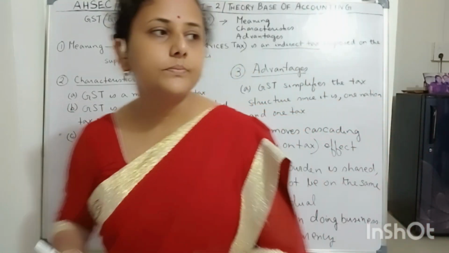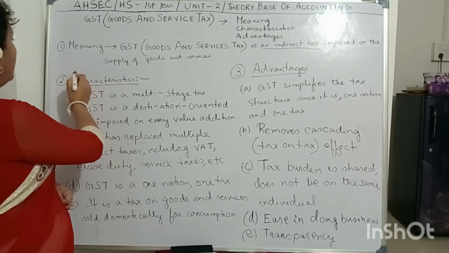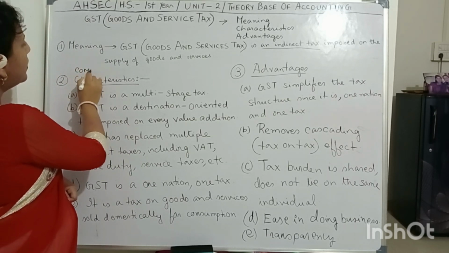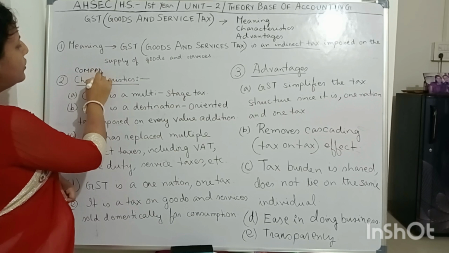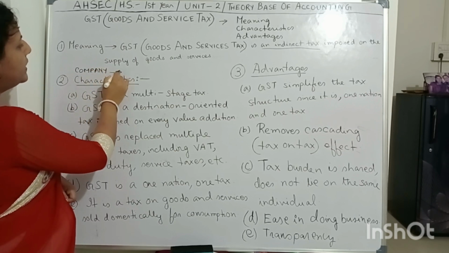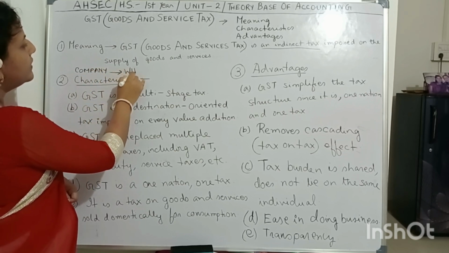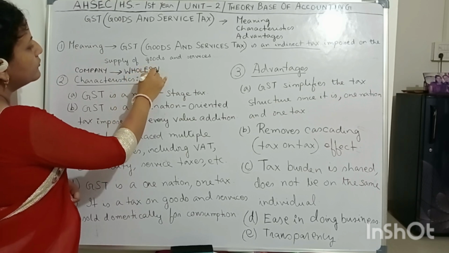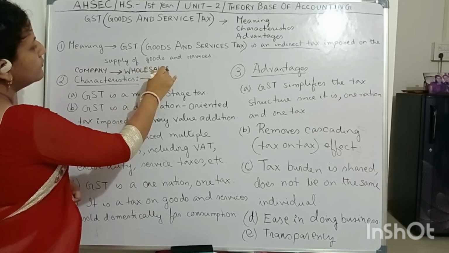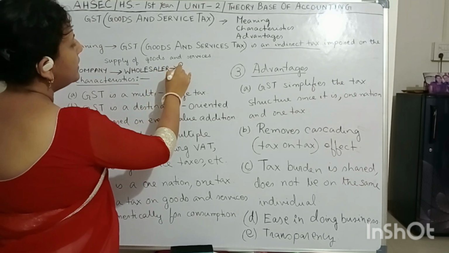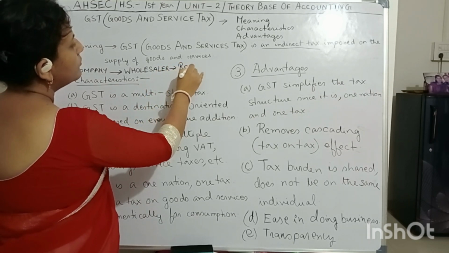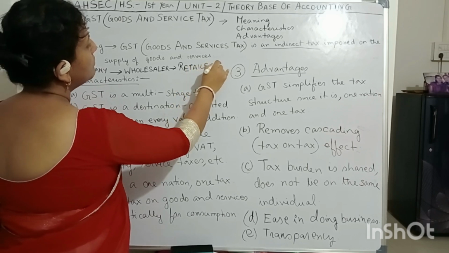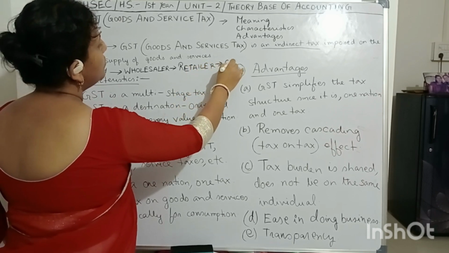You see here, this is just a rough work. In order to explain, I'm writing company, then wholesaler, then retailer, and then consumer.